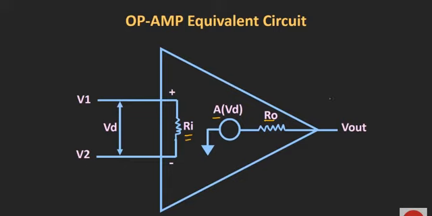The ideal op-amp should have input impedance Ri equal to infinity, so that whatever input is applied between the input terminals will directly get applied to the op-amp. Similarly, the output impedance should be equal to 0.